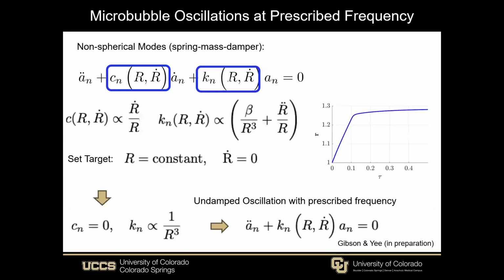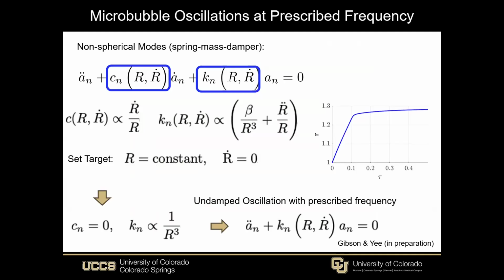Again, reminder of the ODE that we're working with. It's a nonlinear spring mass damper model with the stiffness and damping coming from the radial terms. And this is actually quite easy. If I wanted to ring at whatever frequency, I just set C to 0 and set the stiffness to whatever stiffness I want, basically. So I just make R dot 0.